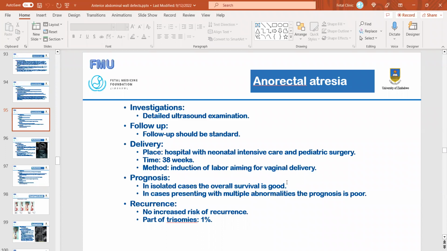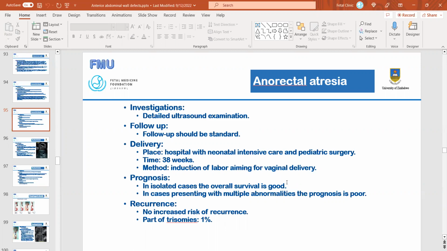Mode of delivery is not influenced by this defect, so there's no need to change the delivery plan here. Then the prognosis: in isolated cases, the overall prognosis is good, or survival is good. In cases presenting with multiple malformations, the prognosis is poor.